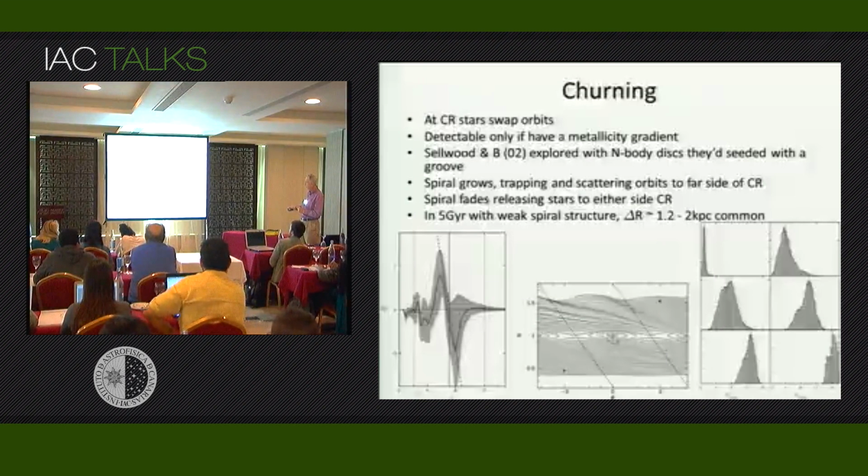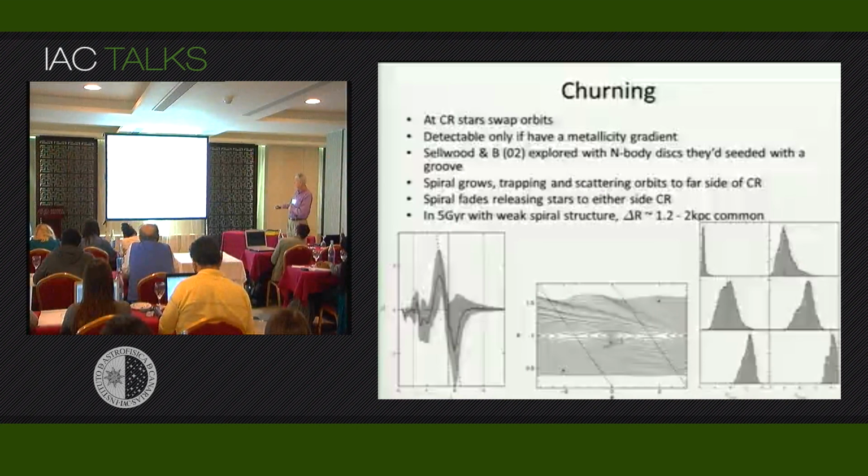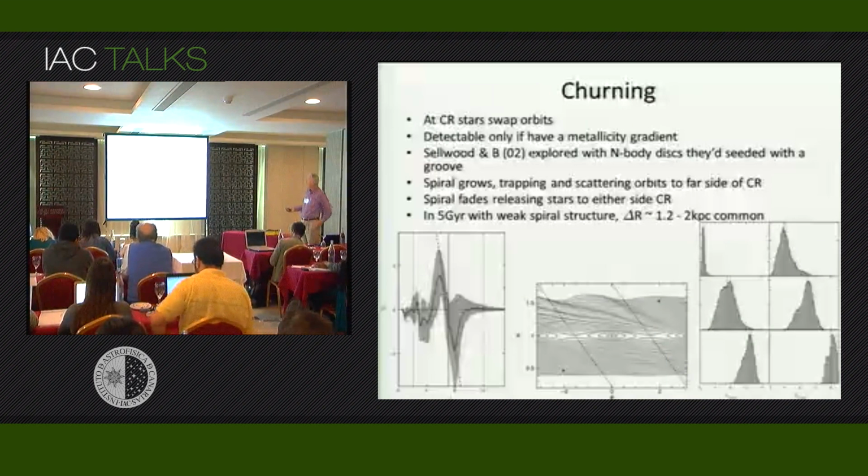As the spiral pattern is switched on, this resonant island grows, and stars which had less angular momentum than the co-rotating angular momentum, which were down here, some of them get swept up into this growing island, and then they move for a while around this resonant island from inside to outside. Then the spiral structure fades away, the island shrinks, and they are released on the other side of the island.